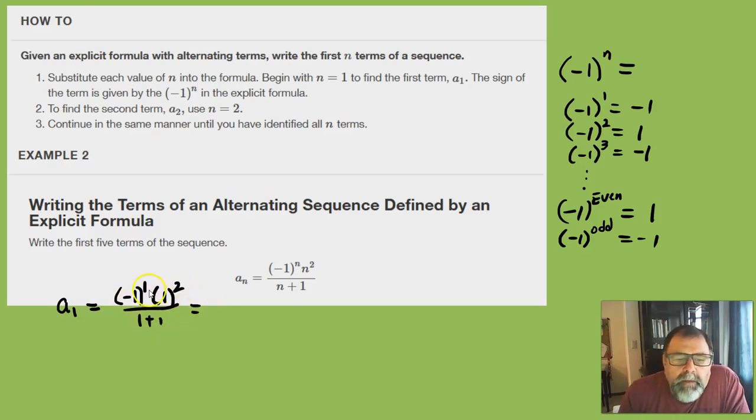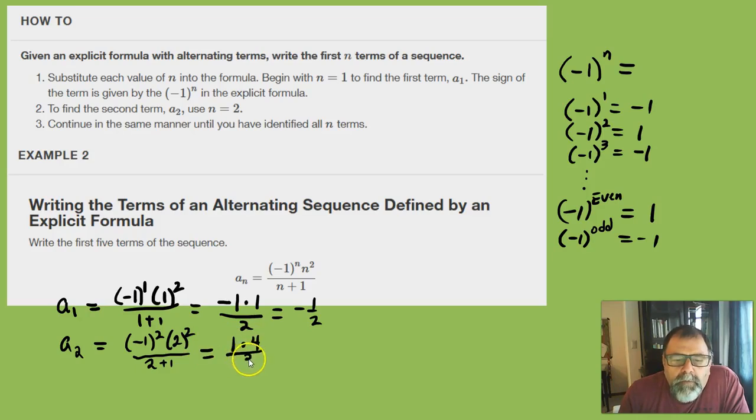So we get negative 1 times 1 squared over 1 plus 1, which is 1 over 2, so that's negative 1/2. Now a sub 2 will be negative 1 squared times 2 squared over 2 plus 1. So that would be positive 1 times 4 over 3, which is 4/3.